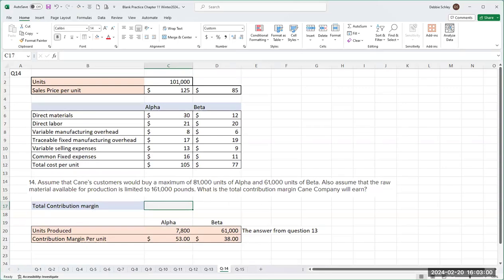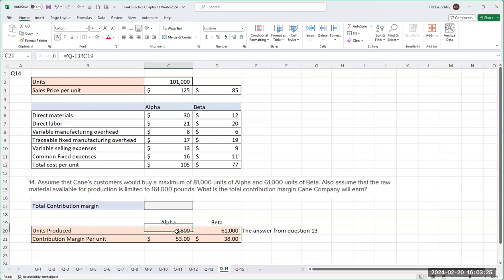Question 14. Assume that Kane's customers will buy a maximum of 81,000 units of alpha and 61,000 units of beta. Also assume that the raw materials available for production is limited to 161,000 pounds. What is the total contribution margin Kane Company will earn?